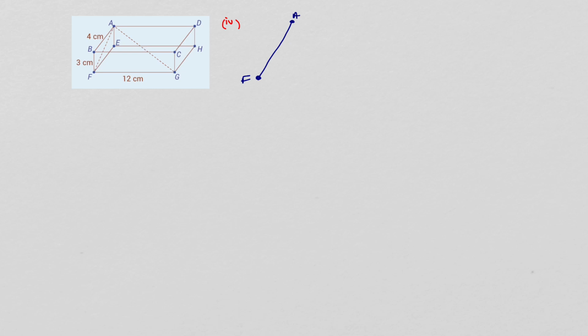And I'm going across to AG. And then I'm connecting F to G. So this is not a right angle triangle, but I do know that FG is 12 centimeters.